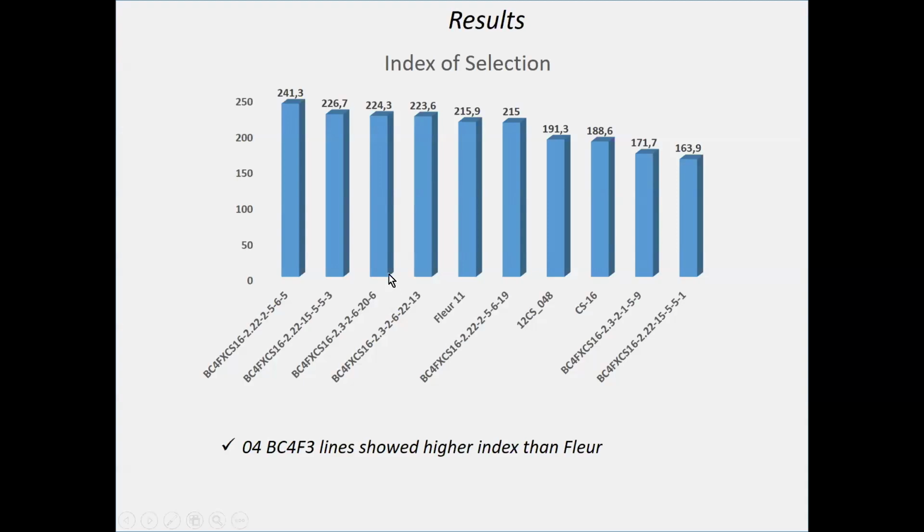And here, as a result, we observed that four of our BC4 lines have shown a better index of selection than flower 11, meaning that these lines combine perfectly resistance to early leaf spot and productivity, opening the way to substitution of the susceptible line by an early maturing line, but more resistant to ELS.